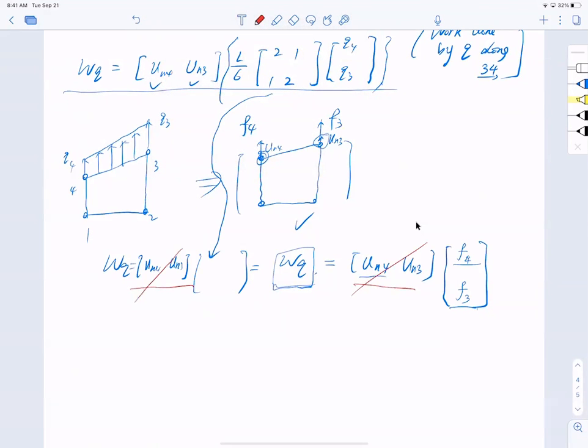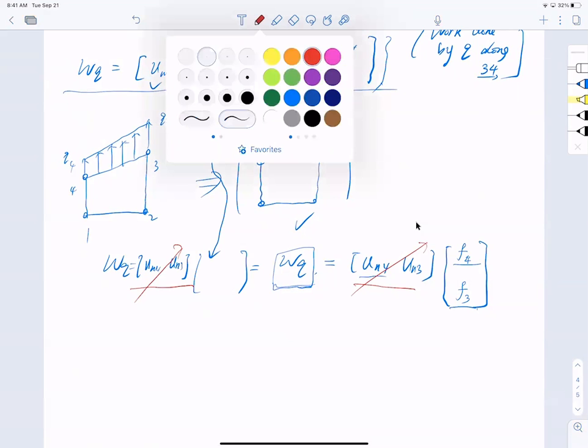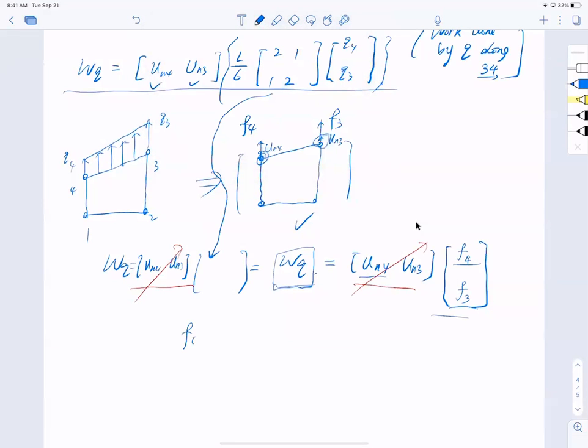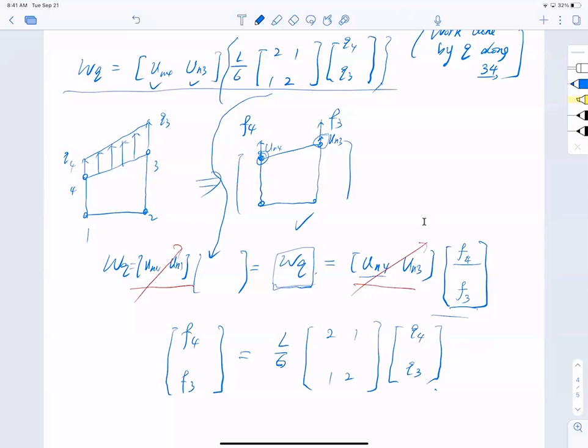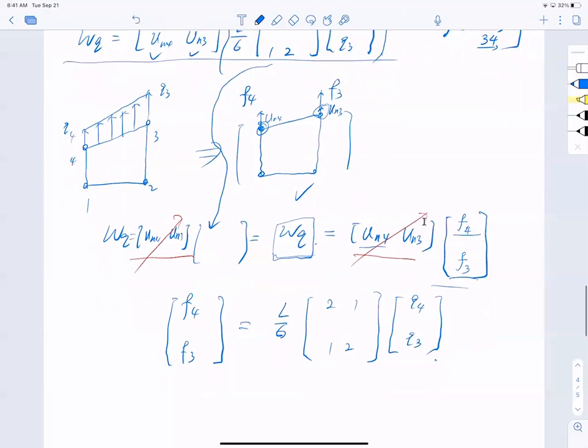So they cancel. All I have is what? I know for sure that F4, F3 has to equal L over 6 times 2, 1, 1, 2, times Q4, Q3. Is that right?